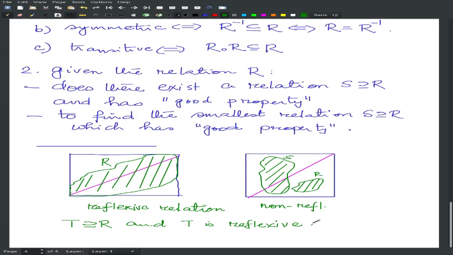Yes, you're right, but R itself is reflexive on the left hand side. So why would I then increase it? Anything bigger than a reflexive relation is therefore reflexive. But here on the right hand side, R is not reflexive. Can I make a relation which is bigger than R and yet is reflexive?